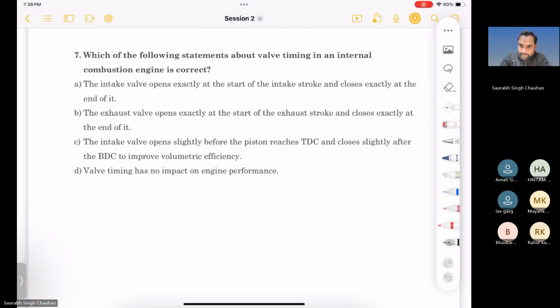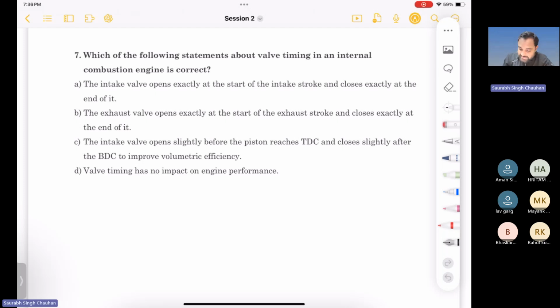So you know what is valve timing, right? Valve timing is basically at what times the intake valve and exhaust valve are opening and closing.